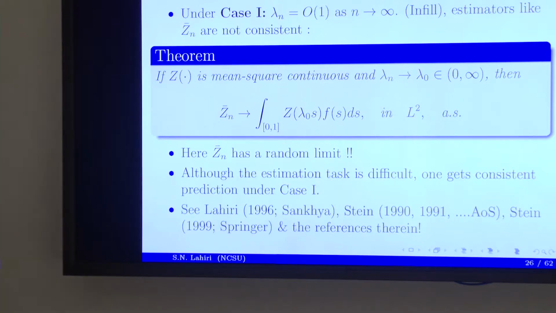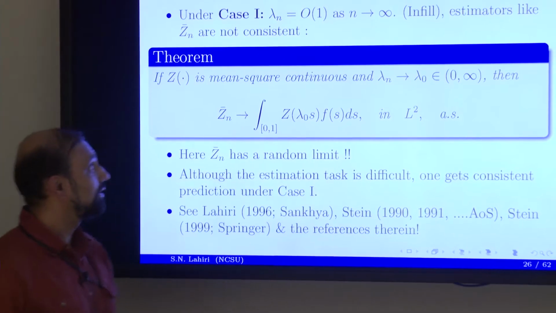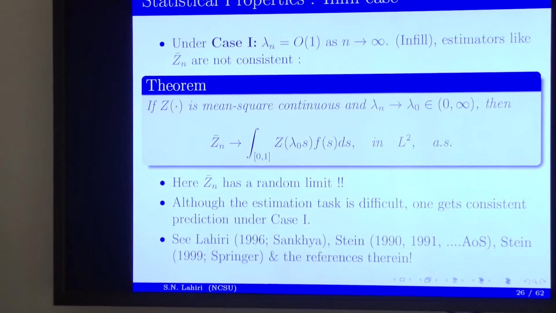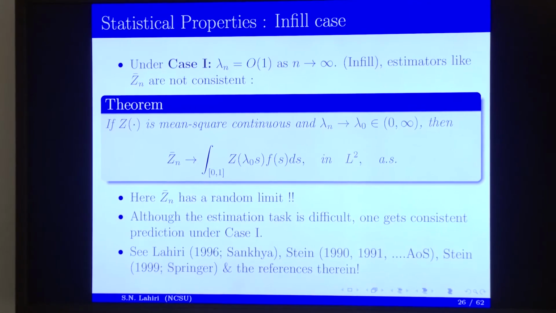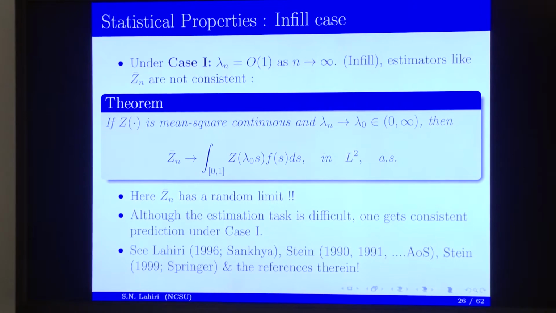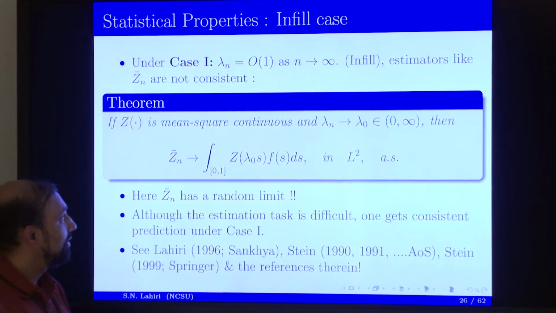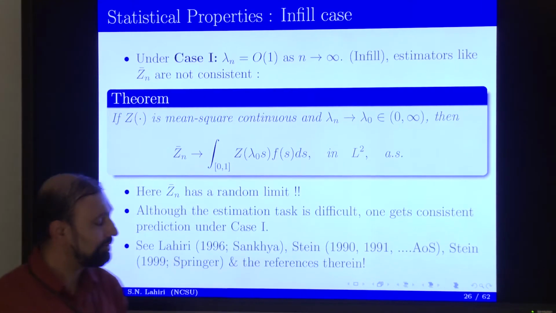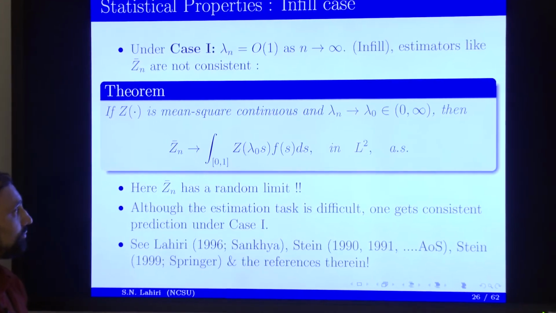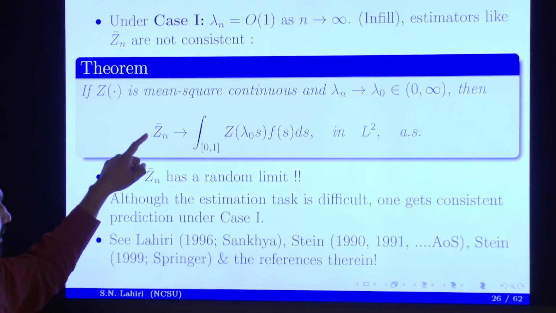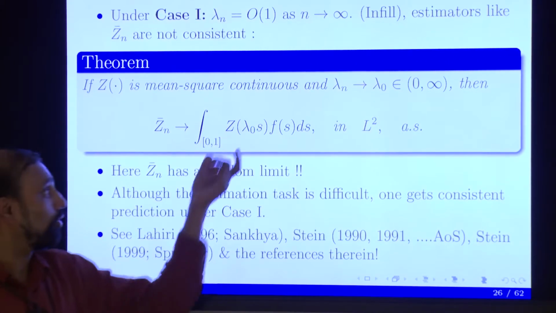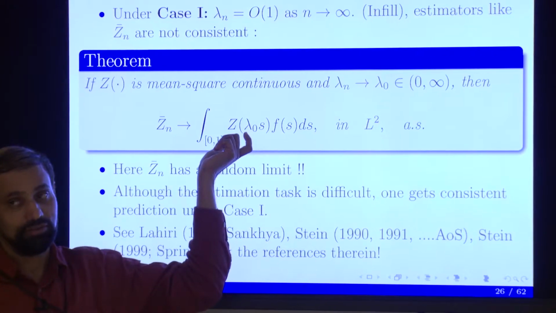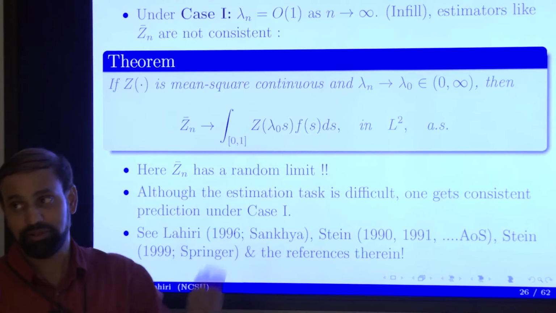OK. So case 1, when you are looking at this infill case, we have a bounded interval. We are taking many, many observations. In that case, just suppose lambda n is lambda naught. Nobody cares. In that case, Zn bar will converge not to a constant, but to a random limit.